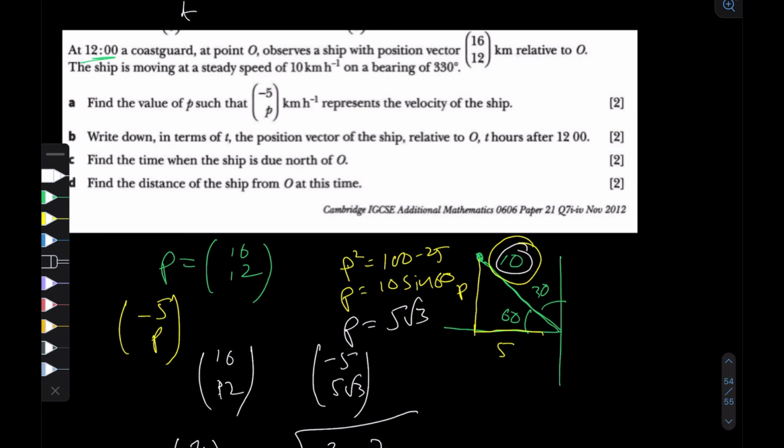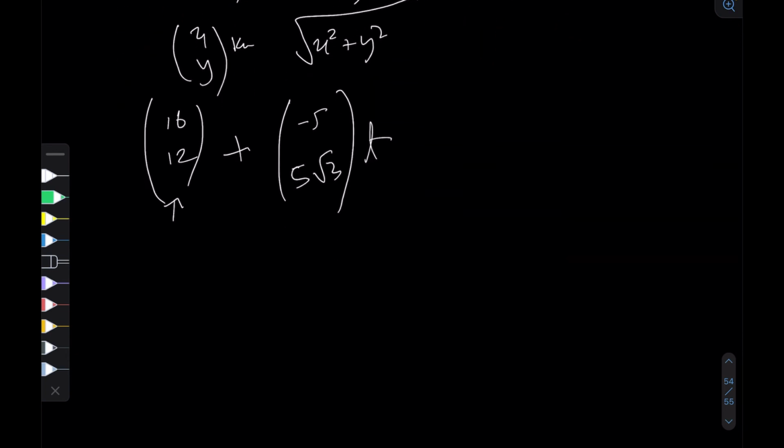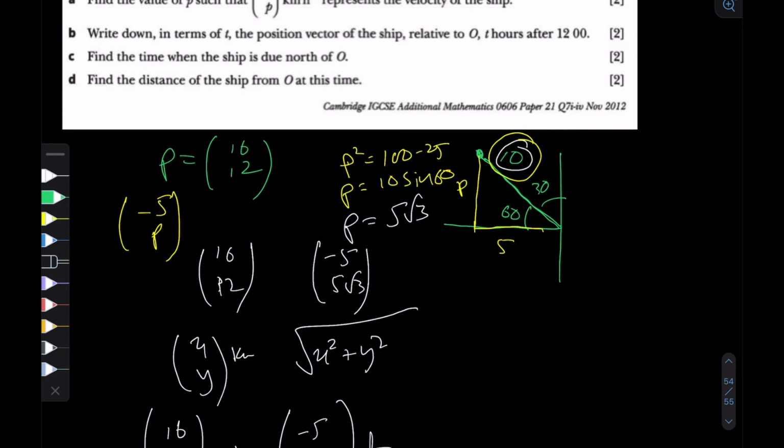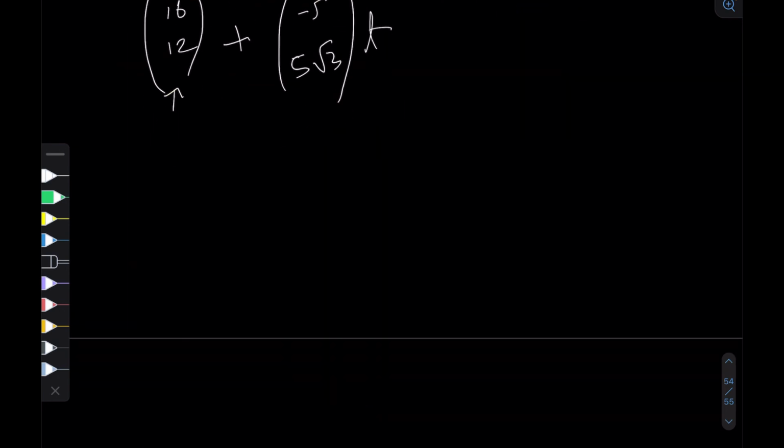And part C is: find the time when the ship is due north of O. If something is due north of O, then, if we look at this diagram, that would mean that it has no x component in its displacement. And so displacement is given by 16 minus 5t and 12 plus 5 root 3 t.